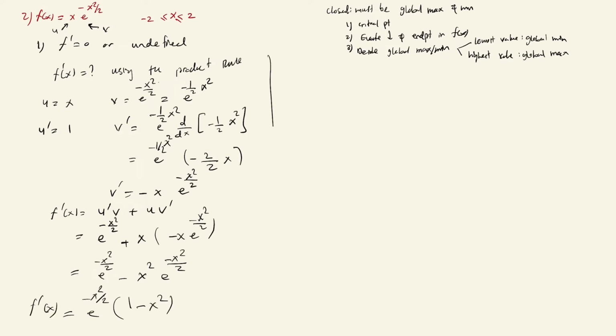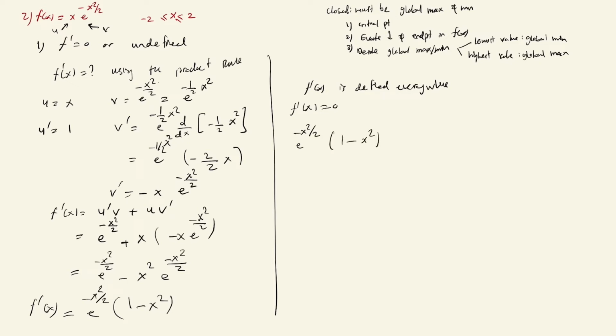Now, where the first derivative is undefined, notice that the first derivative is defined everywhere, including on the interval minus 2 to 2. Now, where the first derivative is 0, that's when e to the minus x squared over 2 multiplied by 1 minus x squared equal to 0.